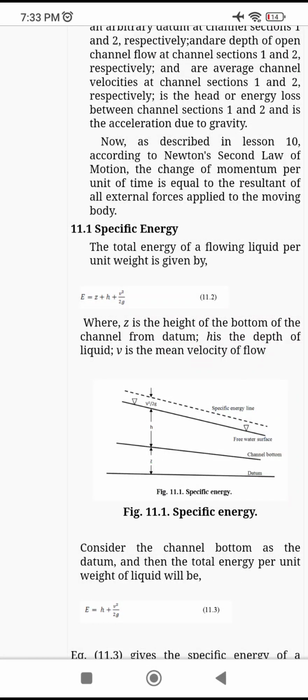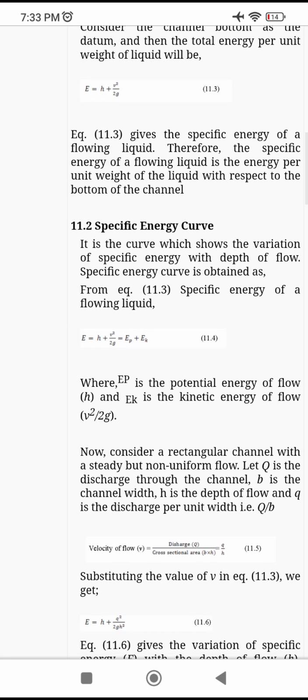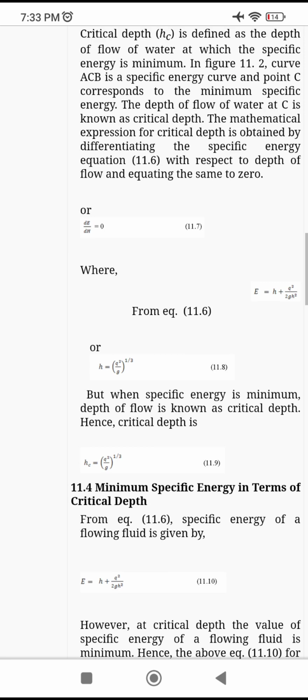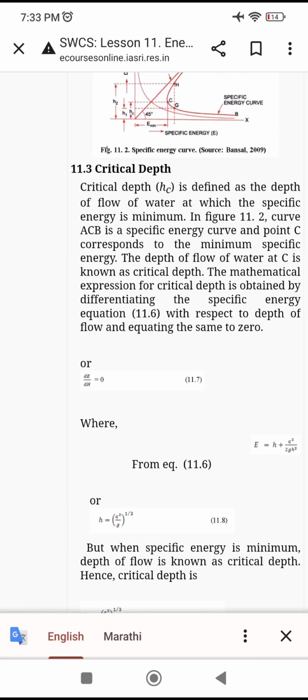Specific energy, the total energy of a flowing liquid per unit weight, is given by E is equal to Z plus H plus V square by 2G. Then specific energy curve, critical depth, defined as the depth of flow of water at which the specific energy is minimum.